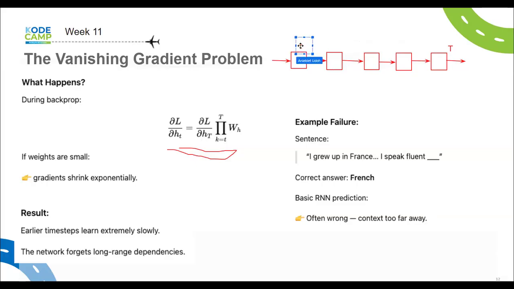So what this means basically is that if I want to calculate the gradient at this time step, little t, I will take the gradient at time step big T, which is typically going to be exactly the gradient of the L, the output.